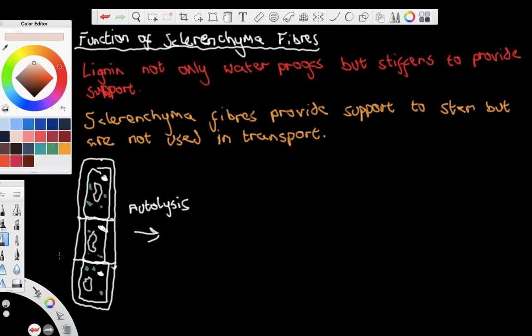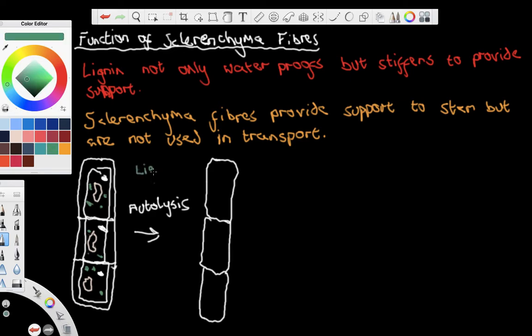Autolysis takes place, and what we're left with is a group of cells end on end that still have their end walls. Okay, lignin is also added to them, so we also need to plus.